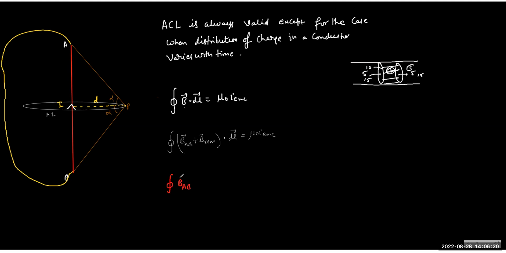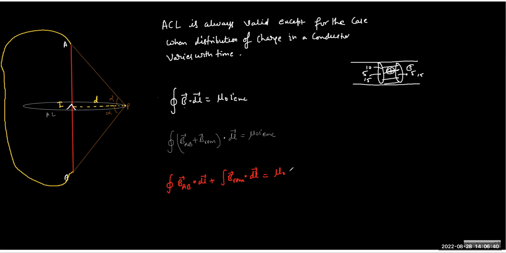So we can divide this into two parts. And for the given contour, what is the current enclosed, by the way?